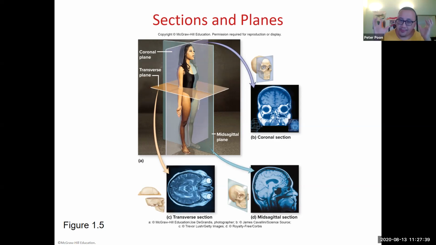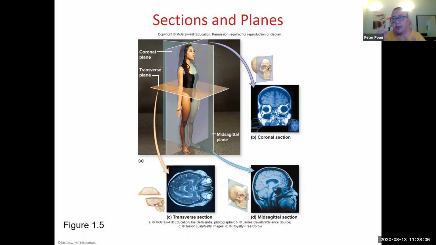They still had some of the old models left over in the 90s when I was in Berkeley. I saw that, and it still grosses me out to this day. But we still do this today in terms of MRIs and CT scans. Okay, but then we can cut 3D objects, and there are 3 ways to cut it.